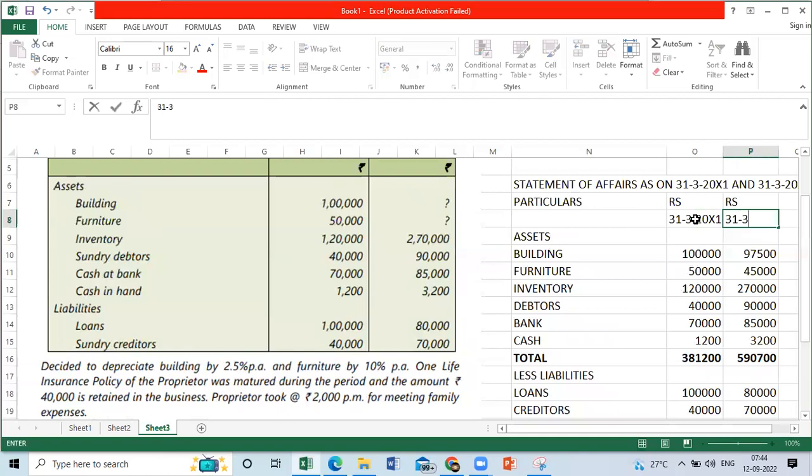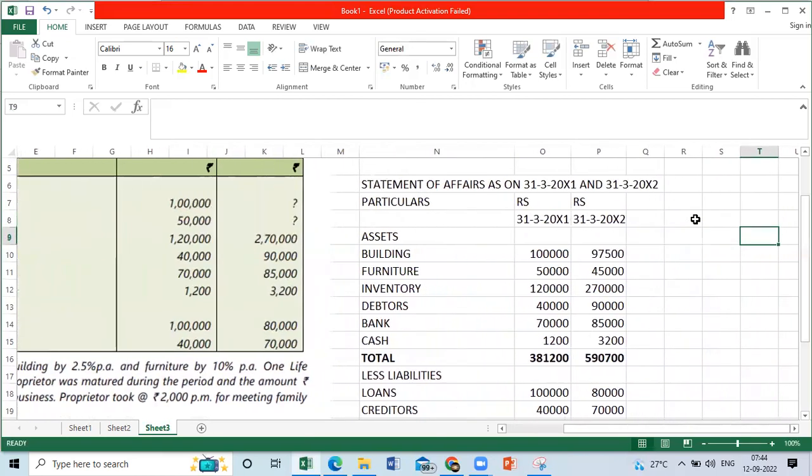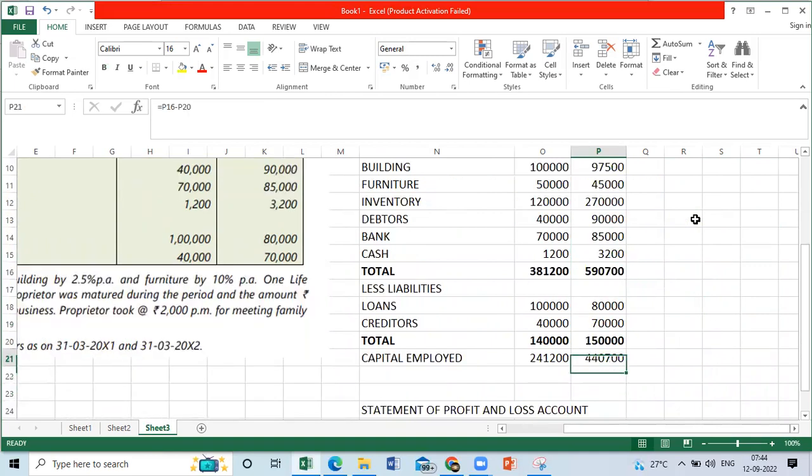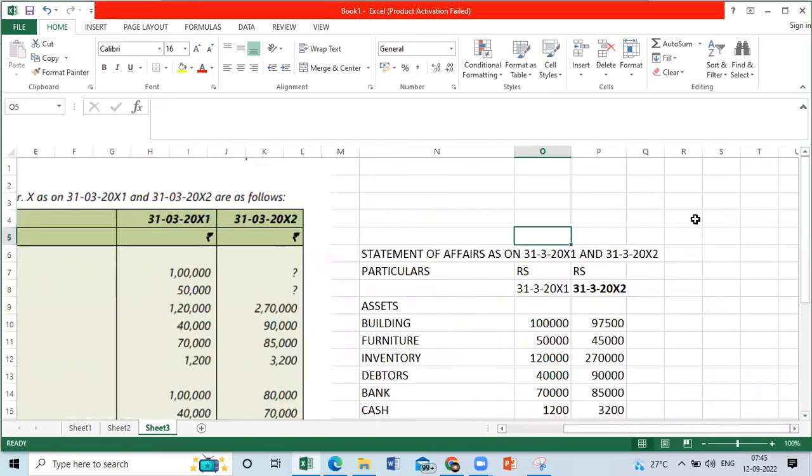This is 31st March 2022. ओके सर, ये जो करंट ईयर है ना, तो ये अपना करंट ईयर है. इसका जो कैपिटल एम्प्लॉयड आया ना, ये अपना क्लोजिंग कैपिटल है. और सर ये लास्ट ईयर, प्रीवियस ईयर बोलेंगे, इसको हम क्या कहेंगे बच्चा? सर ये पीवाई मतलब प्रीवियस ईयर, सीवाई मतलब करंट ईयर.